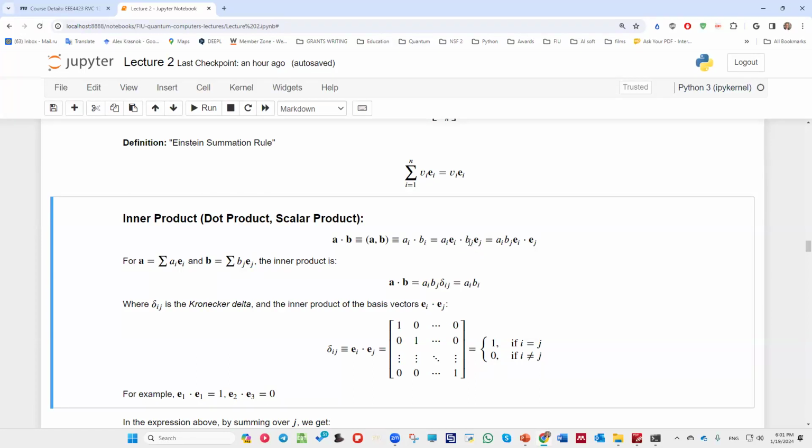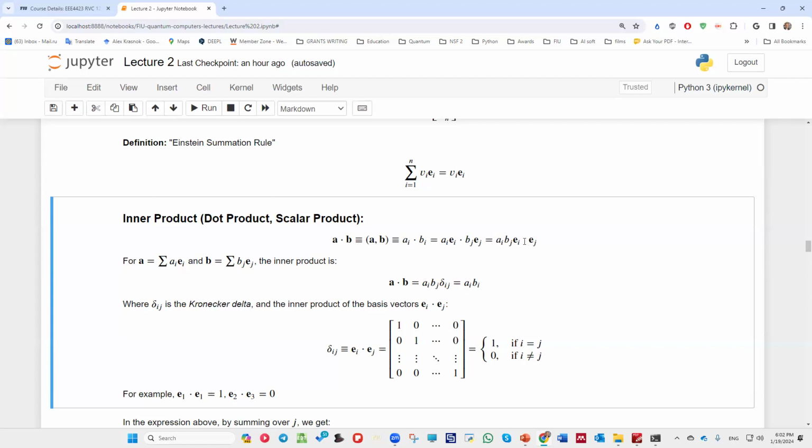So here is the result. Then I regroup the terms. Here I simply write AI, BI, then this product of the basis vectors, EI, EJ. These are the same vectors in this given space.